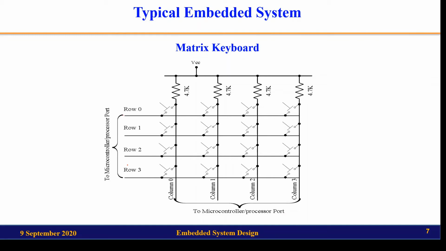Suppose that here we have a key. Then you will get 1 here, and you need to identify that. Any one of these 4 column keys, or even any 2, we can consider, has been pressed.